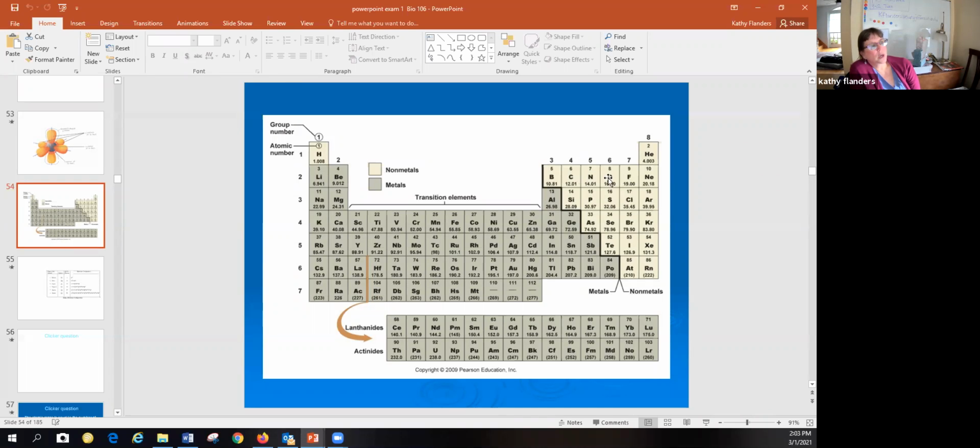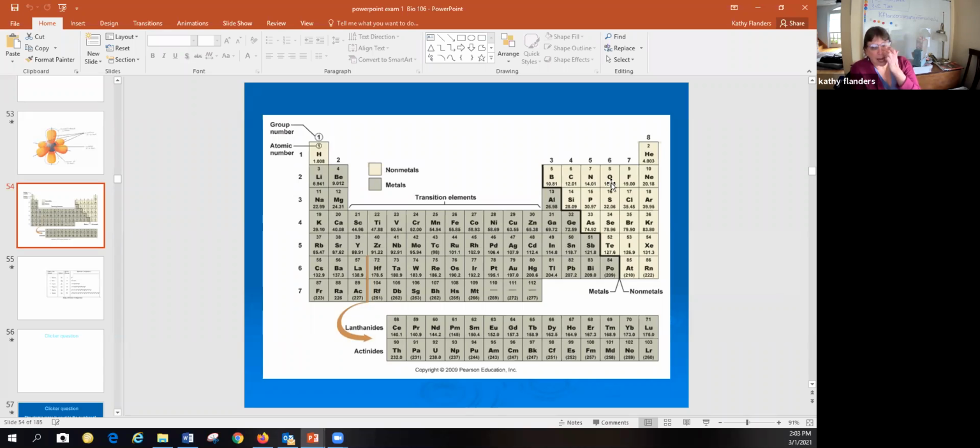So if I look at oxygen here, it has 6 electrons in its outer shell. I know that because of this number. And an element always wants to have a full shell. I'm acting like it's thinking, it's not thinking, but it's always going to strive to have a full outer shell.